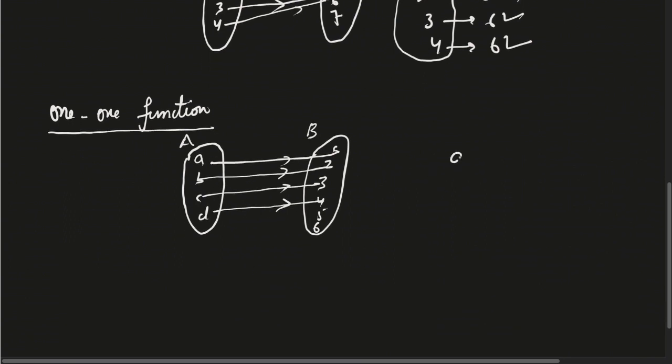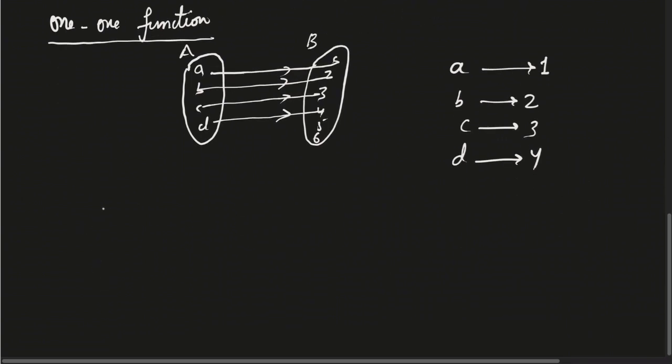If you see, A has been mapped with 1, B has been mapped with 2, C has been mapped with 3, D has been mapped with 4. So you can see that each element in domain set is mapped with a different element in codomain set. So this type of function is called a 1 1 function.